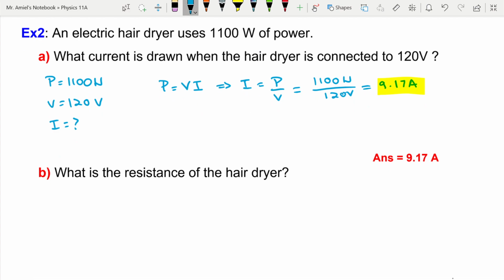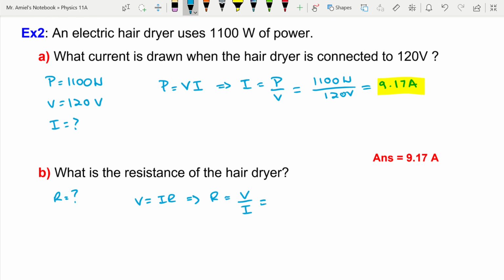Now, the second part of this question is saying, what is the resistance of the hairdryer? Well, what do we know? We've got a voltage. We just figured out a current, so why don't we just go ahead and use Ohm's law, where we rearrange for resistance.